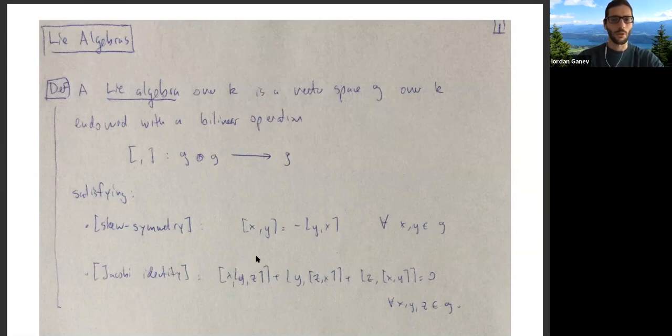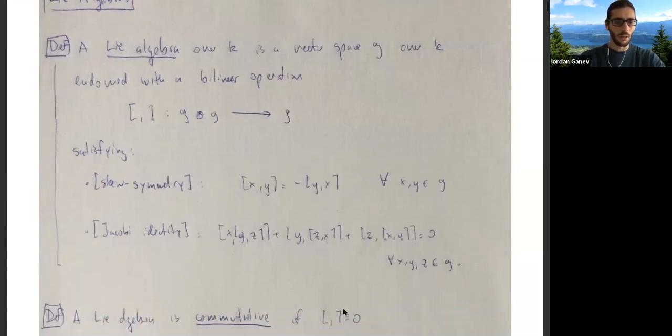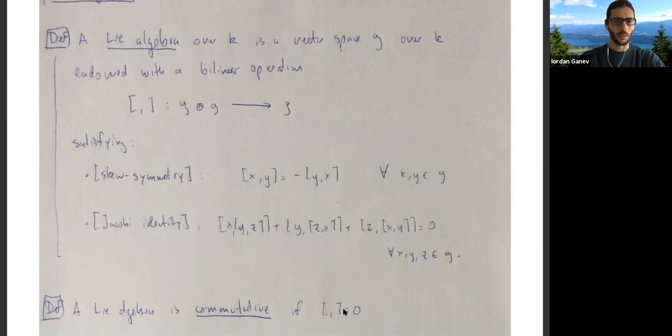First, skew symmetry: if we take the arguments in reverse order, we get a minus sign. And second, the Jacobi identity: if we do the cyclic permutation of the entries and sum everything up, we get 0. So that's a Lie algebra.